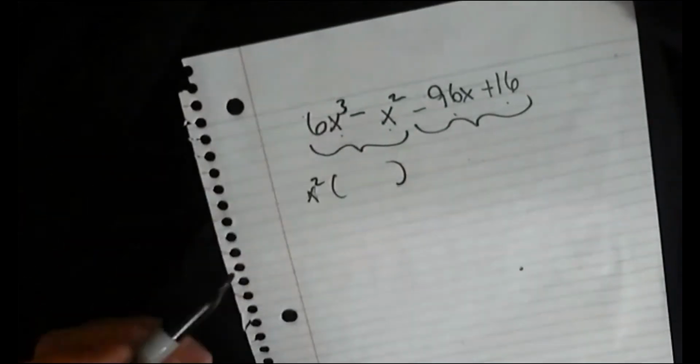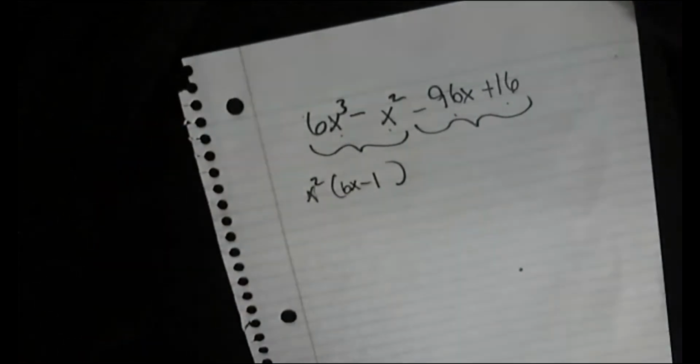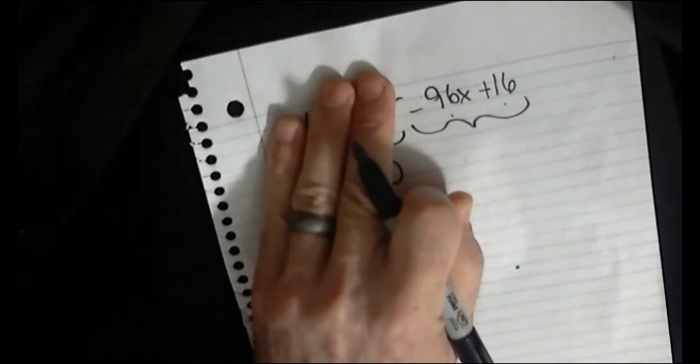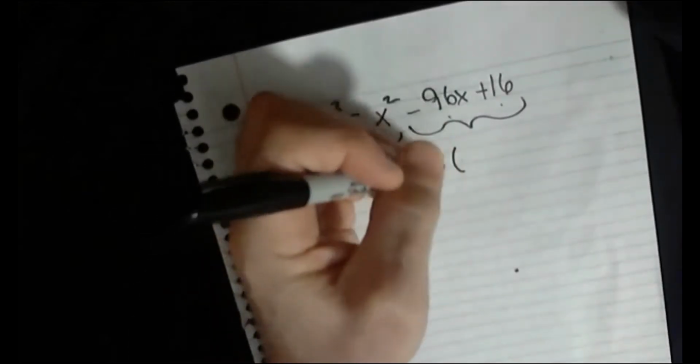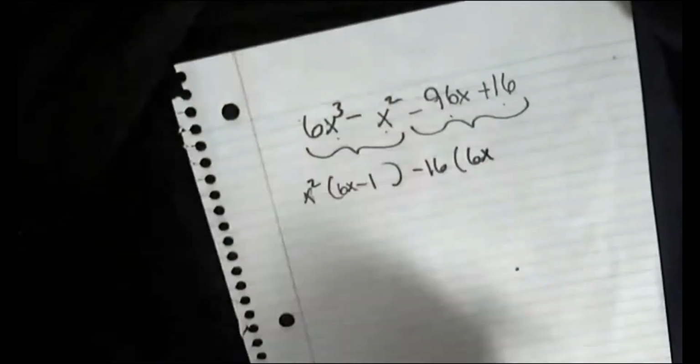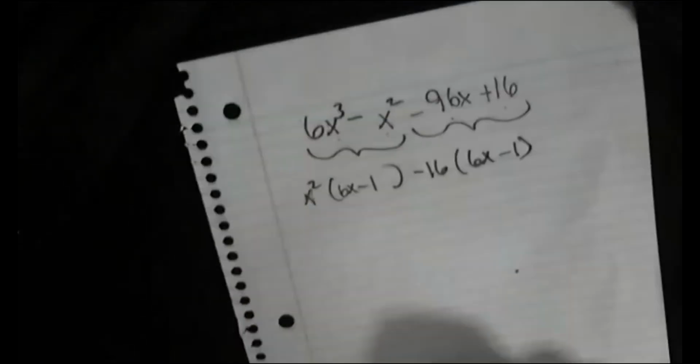If I divide that x squared out, then I'm left with 6x minus 1. Looking at just this second group, that negative 96x plus 16, I can factor out a negative 16. Negative 96x divided by negative 16 is a positive 6x. Positive 16 divided by negative 16 is a negative 1.